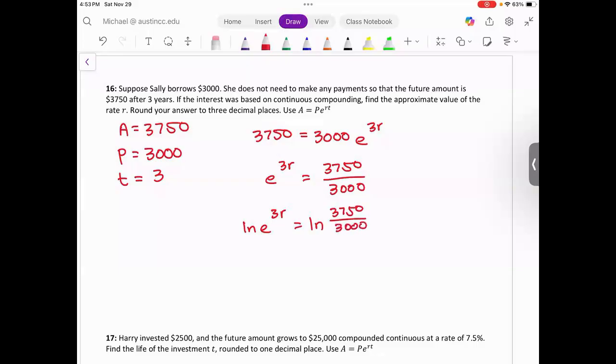Natural log and the e cancel out. We're left with 3r equals natural log of 3750 over 3000. Divide each side by 3. It's going to give us natural log of 3750 over 3000, all divided by 3, and our r is going to be 0.074. So that means a 7.4% interest rate.